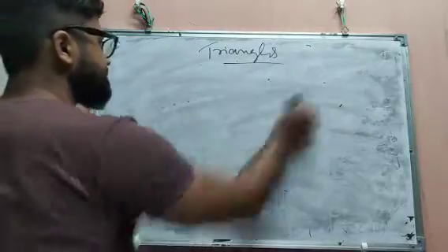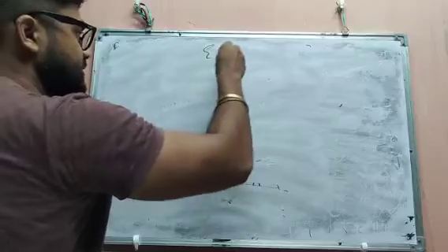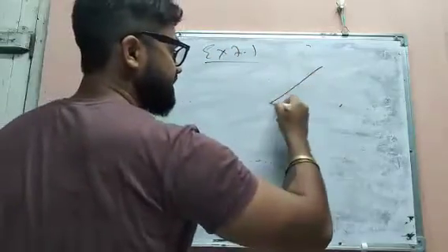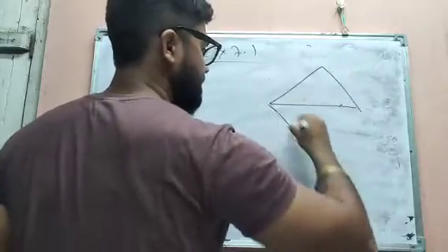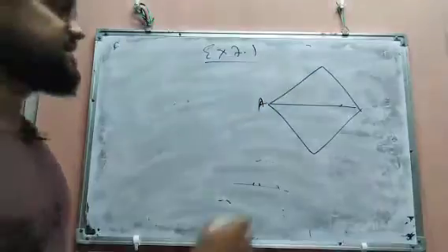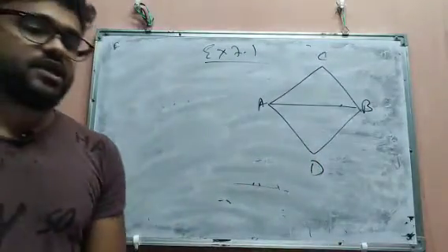There are some questions given, so we need to do that. First one, exercise 7.1, first question. We have a quadrilateral like that, ABCD.